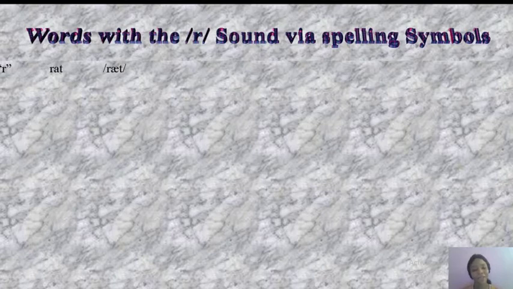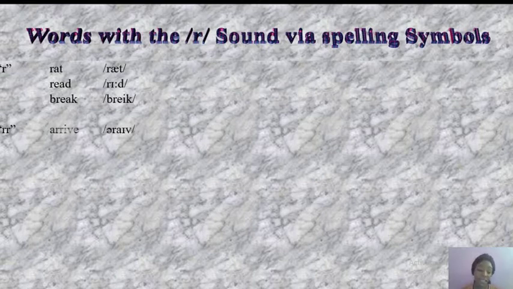As you can see, the R there has the R sound. We have read, to read your book. We have break, to break something in two.